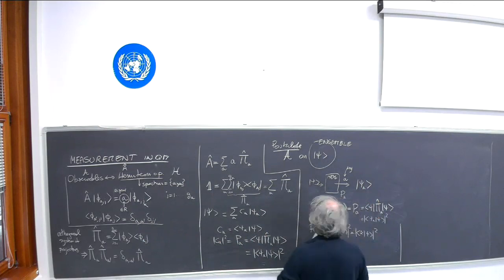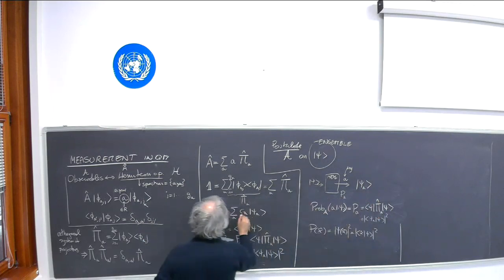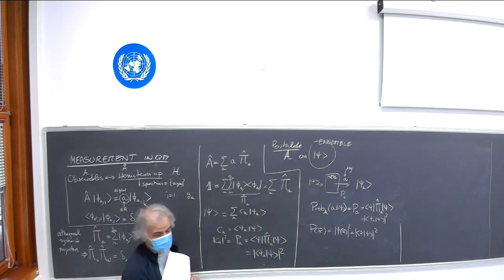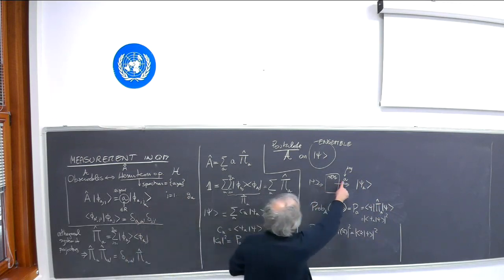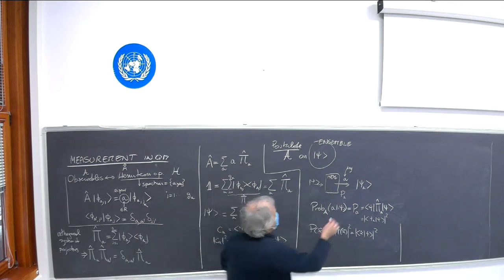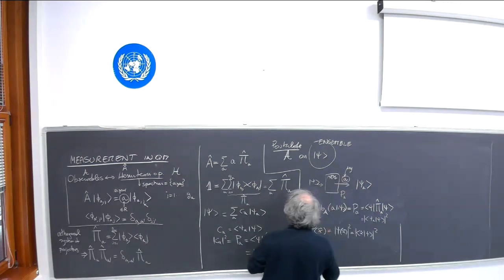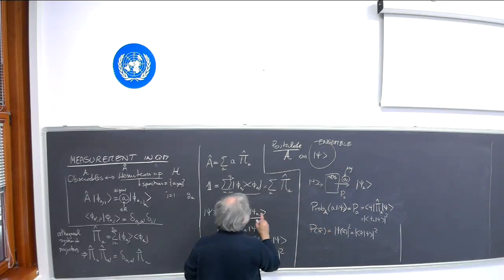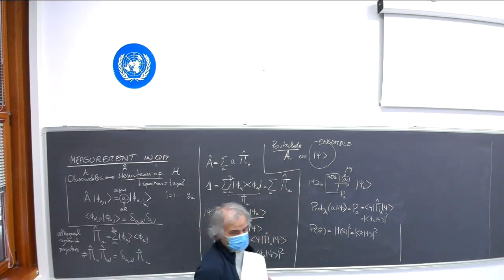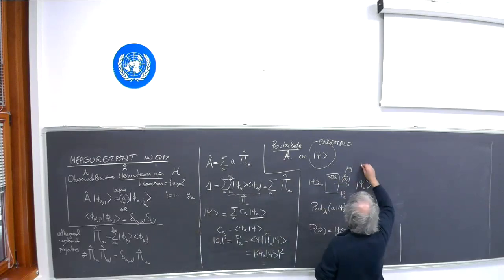Remember that the system was in a superposition of all states psi A, and after coming out of the apparatus and measuring A, I get the state in one of the projections. This second part is called collapse of the state.